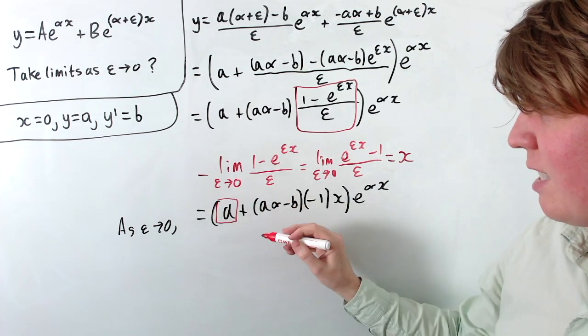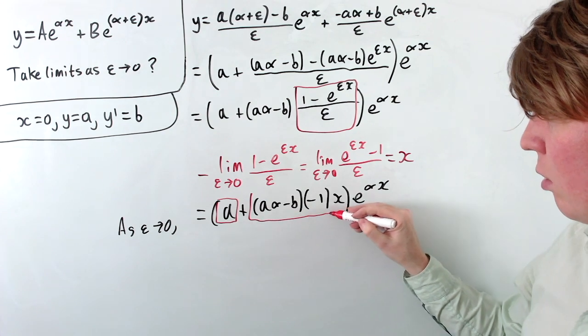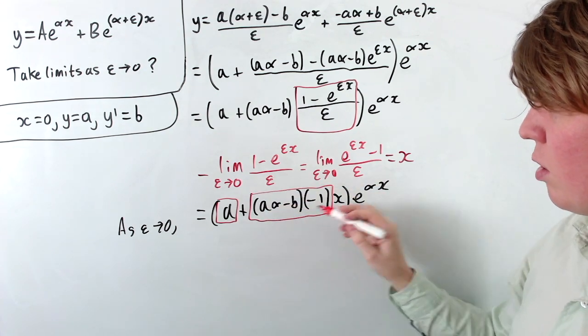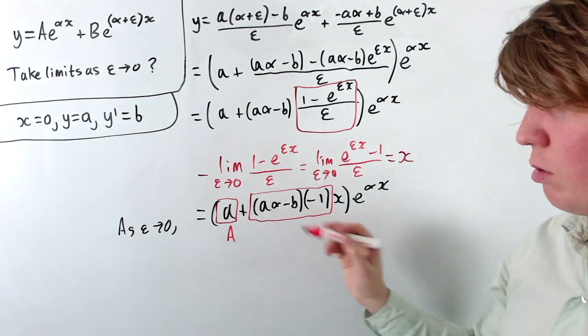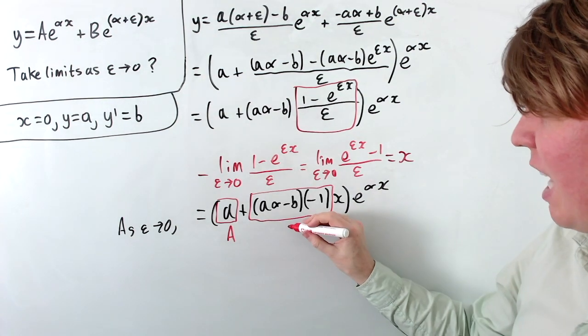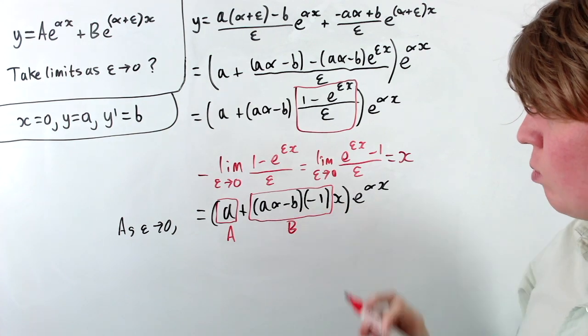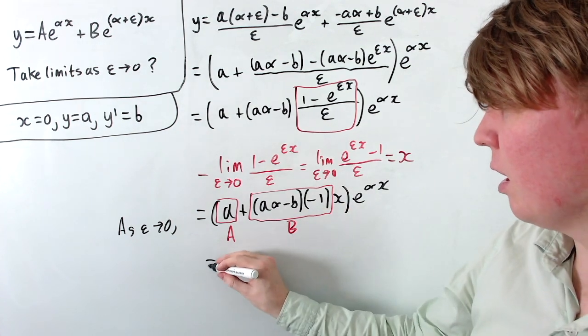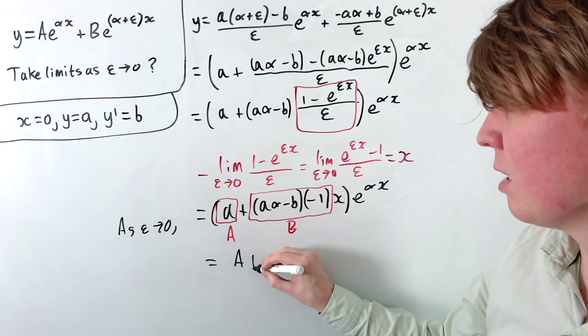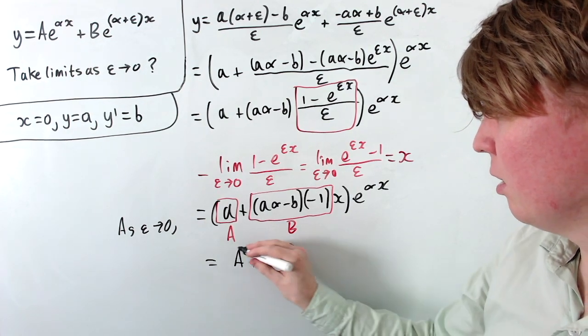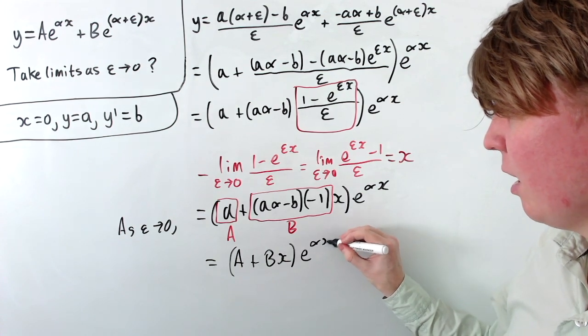We've got this lowercase a term here, and we've also got this combination of constants multiplied by x. So we could relabel this as capital A, or use a different letter since we already used capital A, and similarly we could relabel this one as capital B, and then we've got our general solution in some sense, as epsilon goes to 0, a plus bx all multiplied by e to the alpha x.